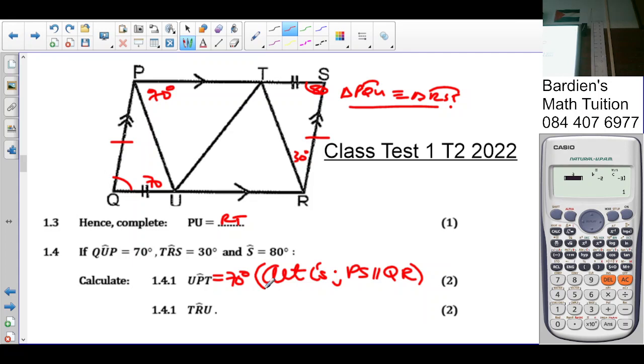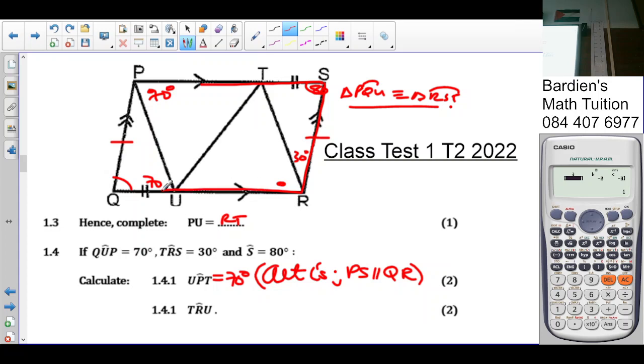You all okay with that? Then I want to know TRU. TRU. This angle here. However, for that angle there, we can see we have co-interior angles there. Can you see that, people?